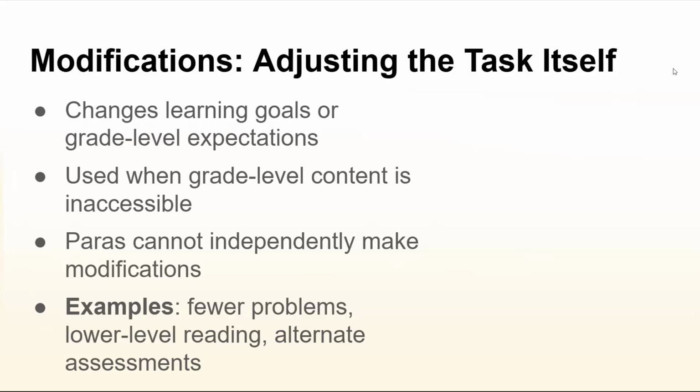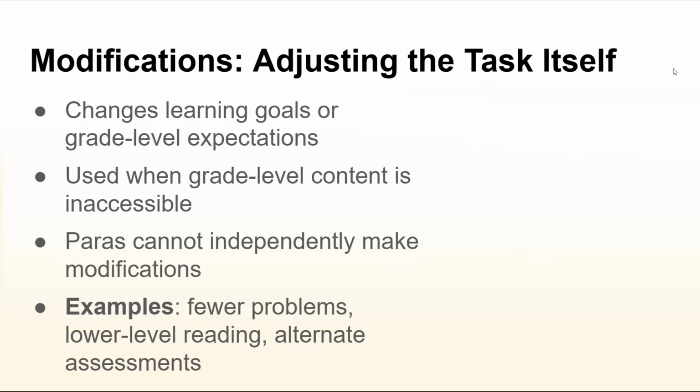Or if the student is taking a multiple choice quiz, instead of 4 options, A, B, C, D, they might just have 3. Maybe a lower reading level. I've done this with students in my inclusive science classroom where they were reading the content, but I significantly adjusted it using technology to support their lower reading level, or maybe alternative assessments altogether.